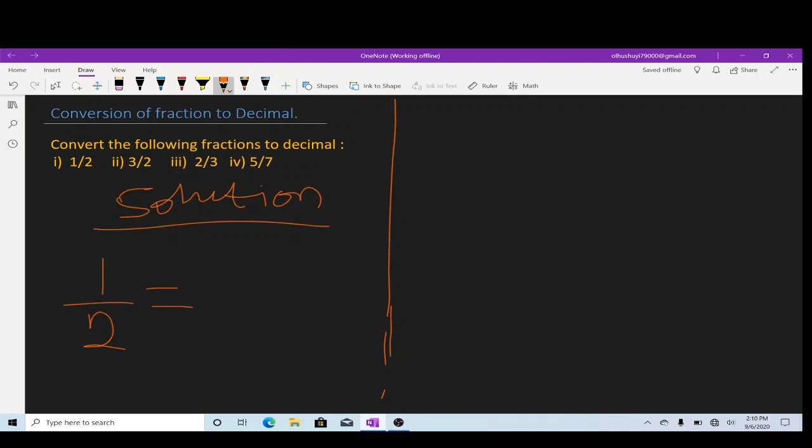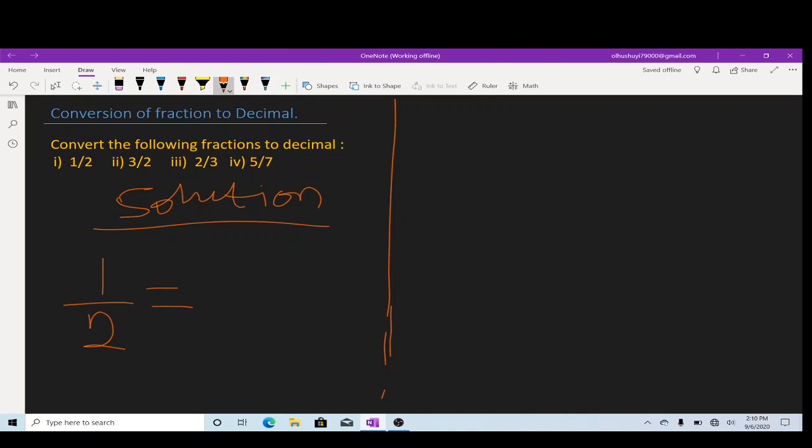But it will still result in a decimal if you divide, except when the denominator is a factor of the numerator. If the denominator is not a factor of the numerator, it will result in a decimal fraction, irrespective of whether it's a proper or an improper fraction.